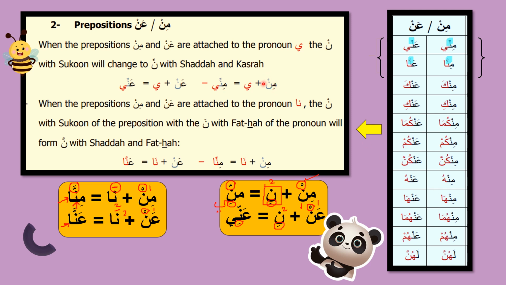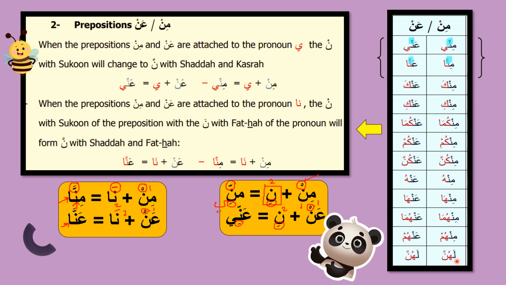The same structure of min and the same structure of an remains the same: minka and anka, minki, anki, minkum, ankum, minkuma and ankuma. Minkunna, ankunna. Minhu, anhu, minha, anha, minhuma, anhuma, and then minhum, anhum, and lahunna.